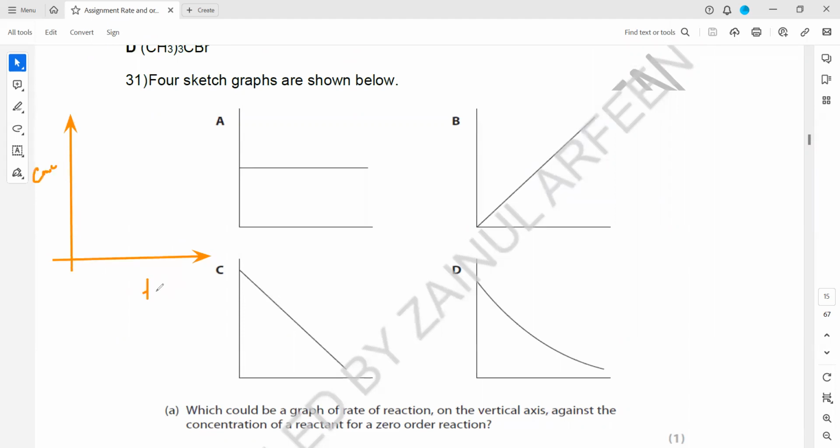If it was a zero order reaction, then this will be the shape of the graph for zero order. If it is first order, the concentration time graph is having a constant half-life.